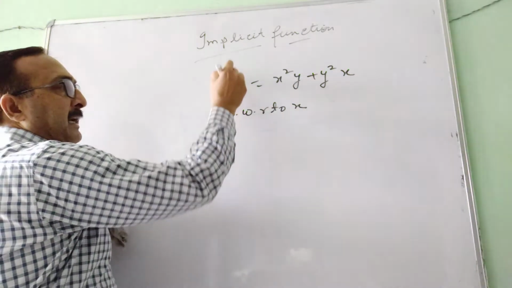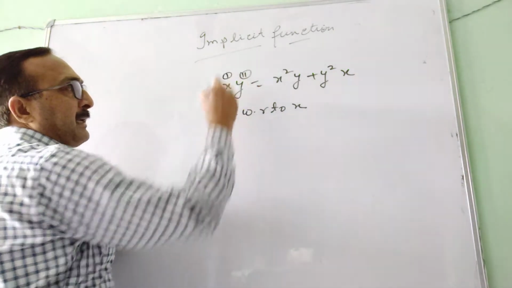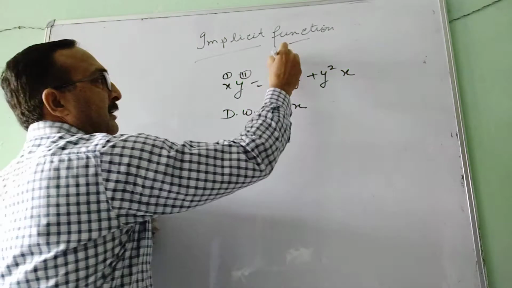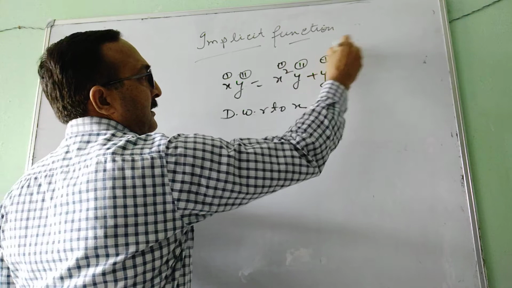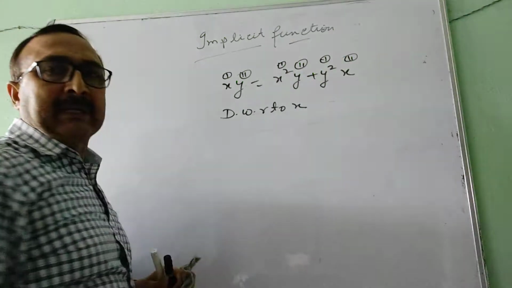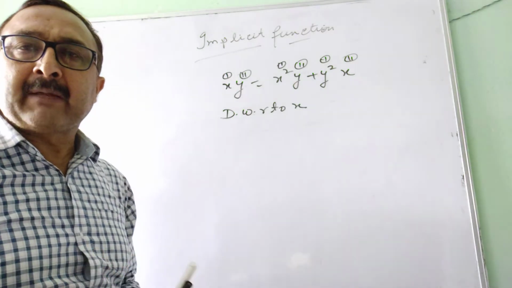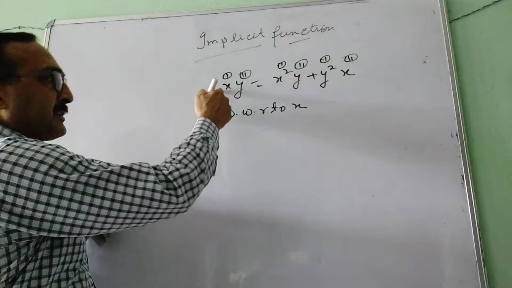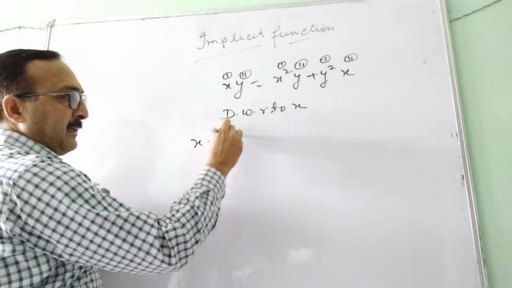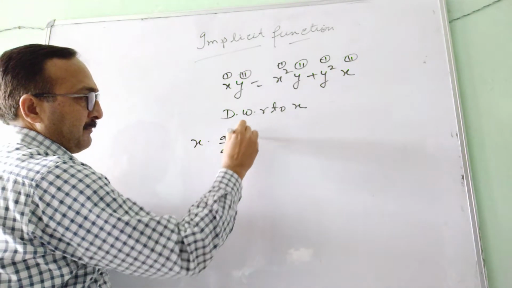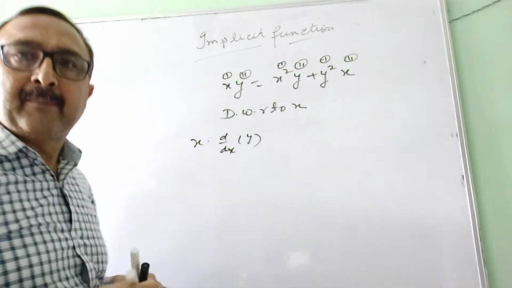There are two functions in multiplication on each side. So when two functions are in multiplication, we will apply the product rule. What is the product rule? First, differentiation of first times second.